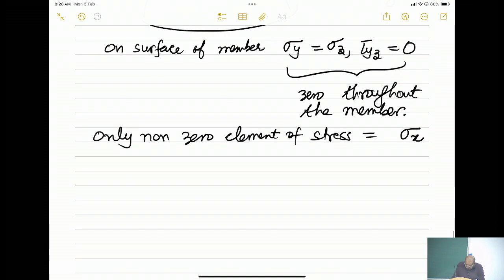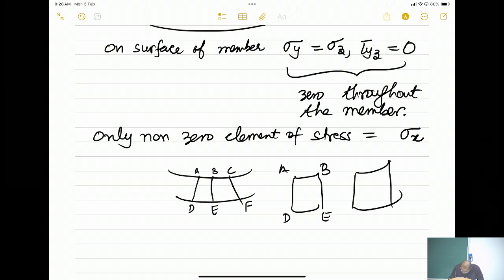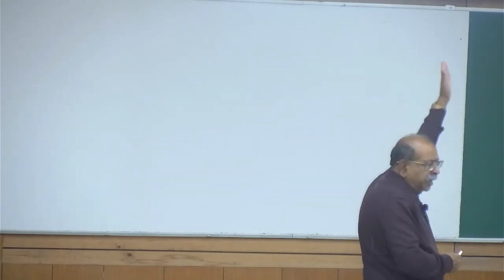See, there is another argument which goes, that is, if you have, if I look at two adjacent elements, and if the element BE deforms, see, this is to show that planar elements stay planar.